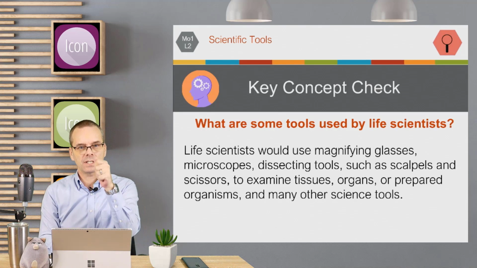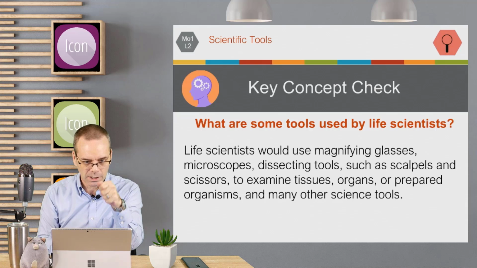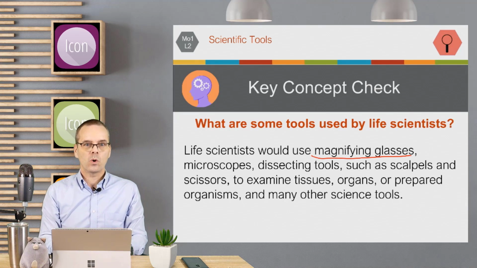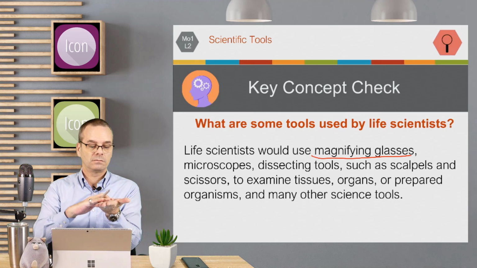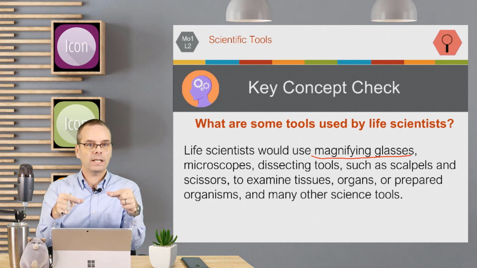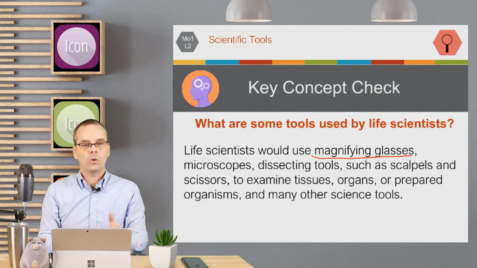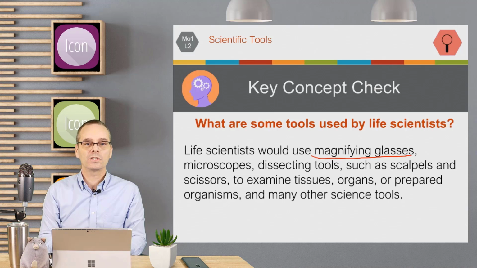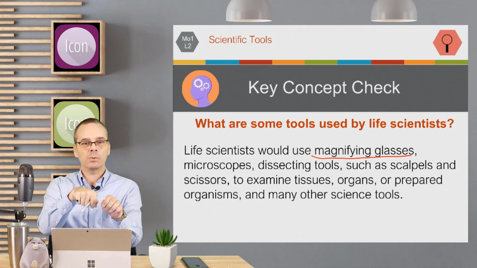But obviously, if you're studying life, like you'll go out and look at a bug, maybe you're using that magnifying glass, right? Or if you're looking at a cell, you're going to get a slide and put it in the microscope. Or a very common experiment for students would be dissecting frogs. And for that, you would need a scalpel.